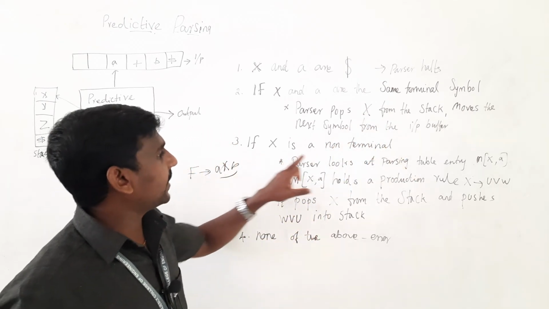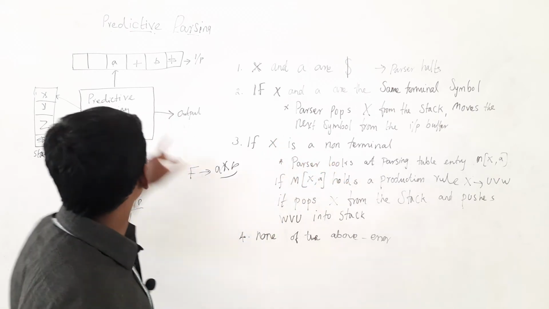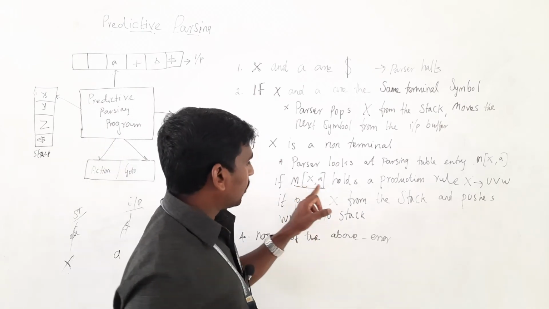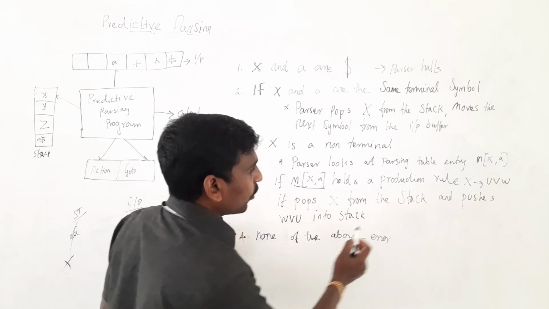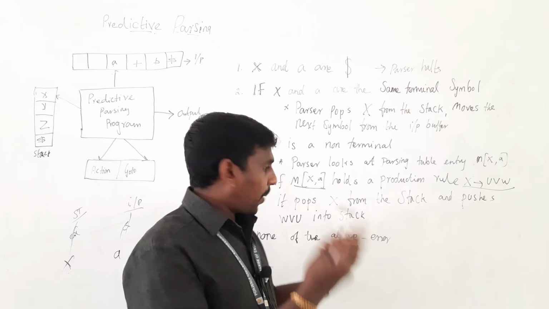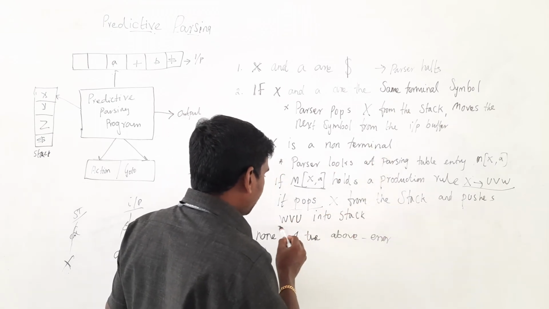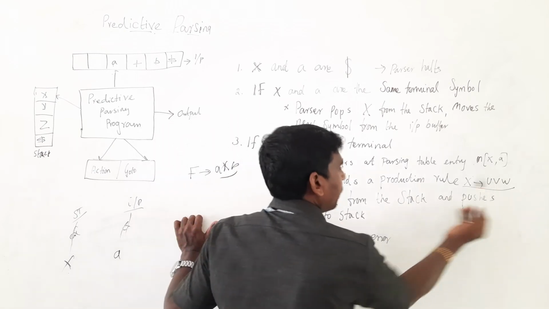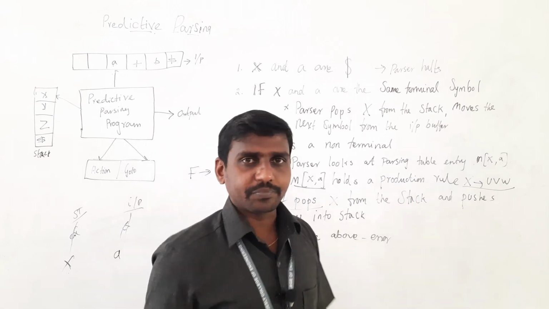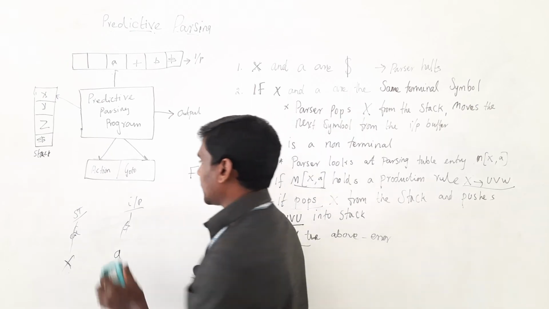And if X is a variable and a is a terminal, we have to look up into the parsing table, this matrix, and if the production is X tends to UVW, we have to pop X and push onto the stack in reverse order, W V U, okay, in this order. Otherwise it is an error. If none of the three scenarios applies, it is an error, clear?